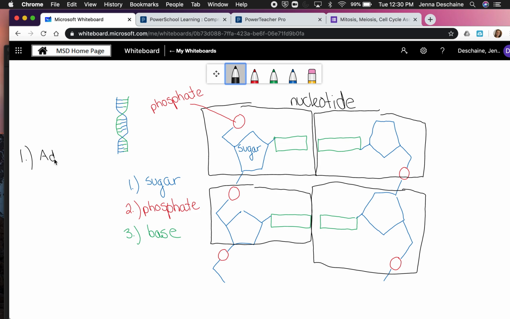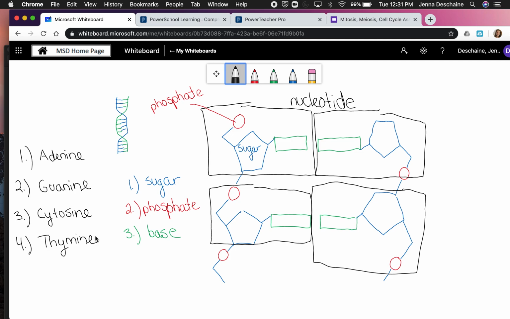There's adenine, there's guanine, there's cytosine, and there's thymine. Okay, those are the 4 different kinds of bases that you can find in DNA. Okay, so in those green little boxes right there.